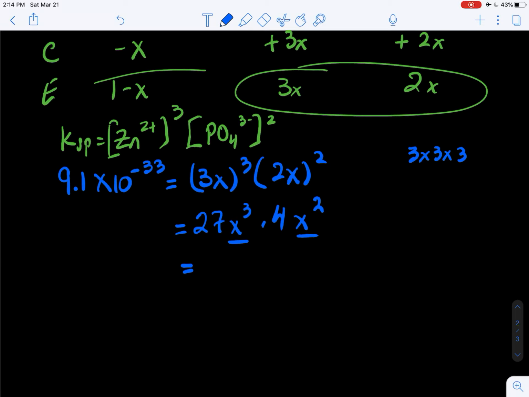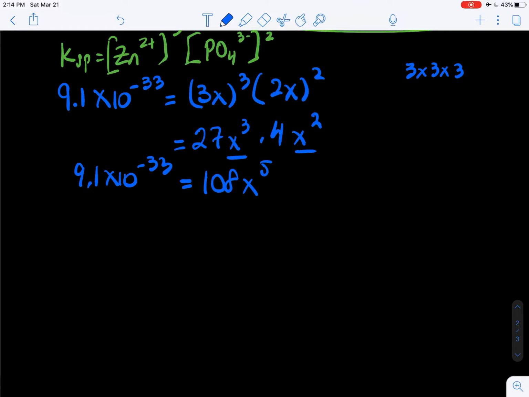So 27 times 4 is 108, and that's x to the fifth, and that's all equal to 9.1 times 10 to the minus 33. We want to divide both sides of this equation by 108, and I get 8.4 times 10 to the minus 35, and that's equal to x to the fifth.